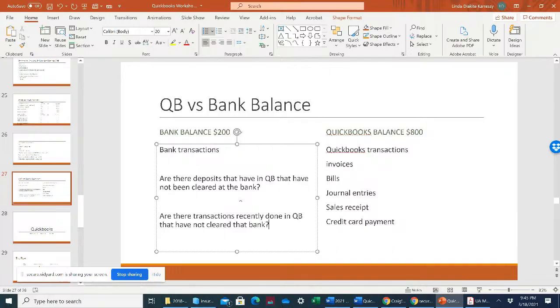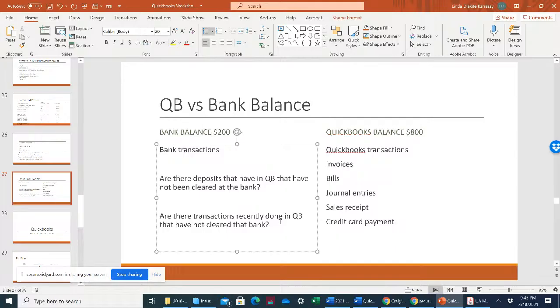Most likely in this type of situation, since this is a savings account, usually what happens is there's a deposit that has not cleared yet, since QuickBooks is higher than the bank balance.